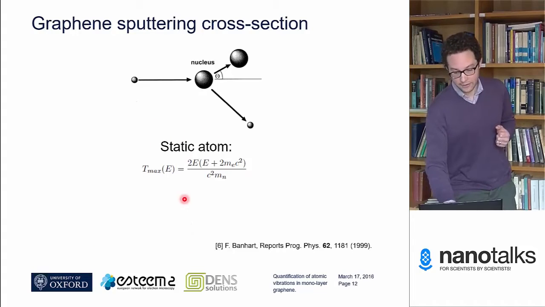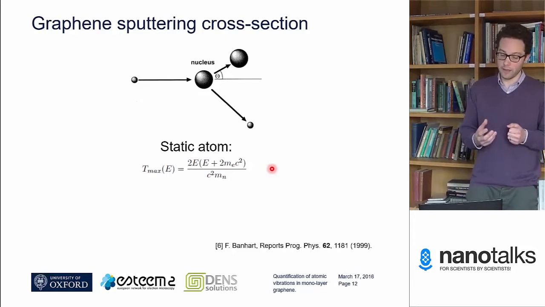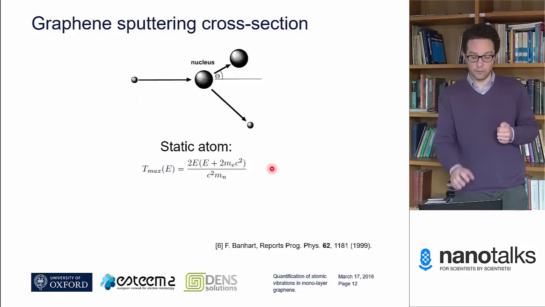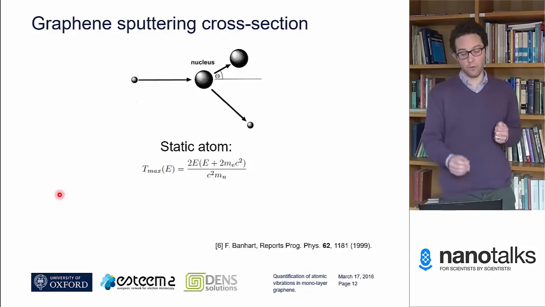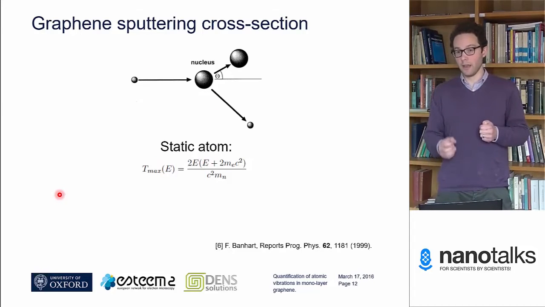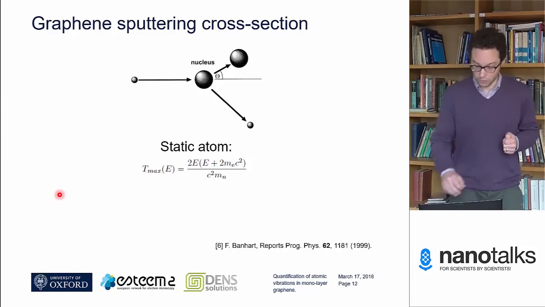Fairly simply, and it's determined just by the energy of the incident electron and the relative masses of the electron and the carbon nucleus. Indeed, this approximation is valid for relatively light, highly energetic particles.